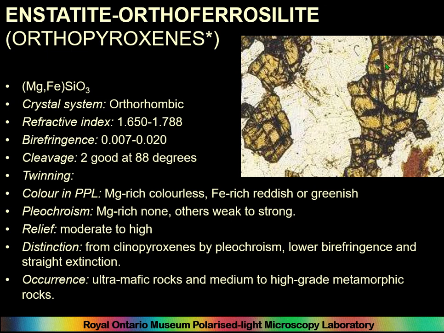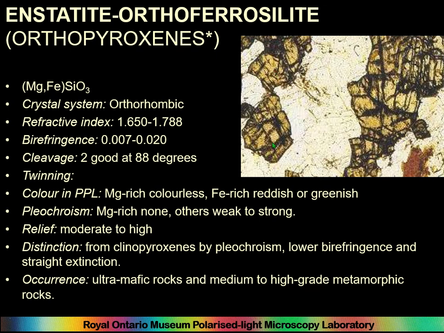So you can see the cleavages aren't as good as the amphibole group, but when you see two cracks which are more or less straight and parallel, you know you're actually talking about a cleavage. And here you can see that they are sort of at right angles to each other. So that's a pyroxene. The color in plain polarized light, so there you're looking at the absorption, goes from colorless to reddish or greenish.